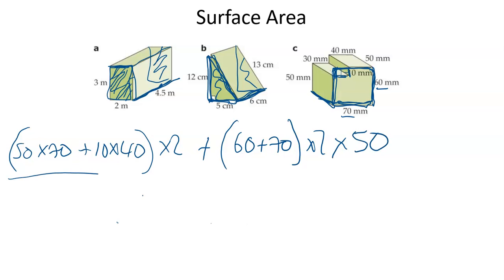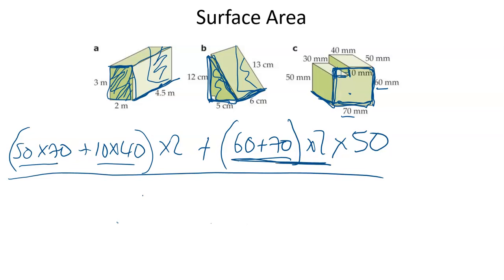So, I mean, very long calculation to type into your calculator, but hopefully you can see exactly where each bit comes from. And I don't personally work out each of these. I write all of this out and then I type it all carefully into the calculator. The reason being that in the exam, the examiner can see that that's an attempt to find the correct area here, that is finding the perimeter and then timesing by the length.